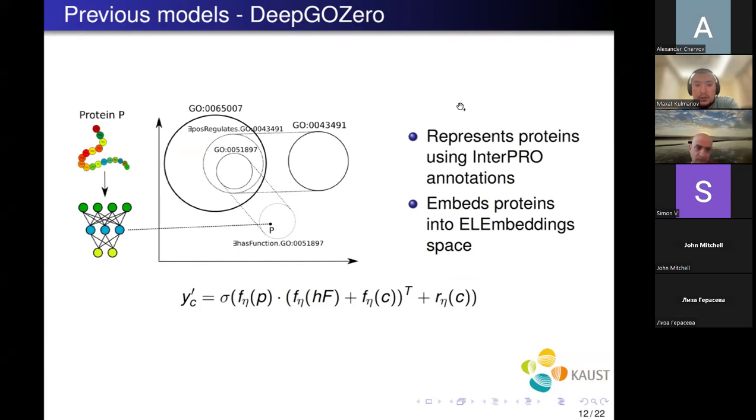This version of DeepGO was based on, we removed the convolutional part, and in our experiments we found that if we just use the InterPro scan based annotations, that also works and was even better in some evaluations. We would use these features, InterPro annotations, and an MLP model to project the protein into this space.